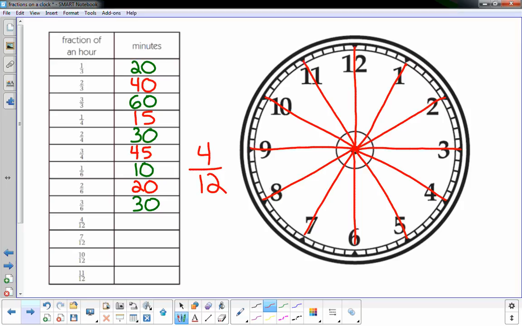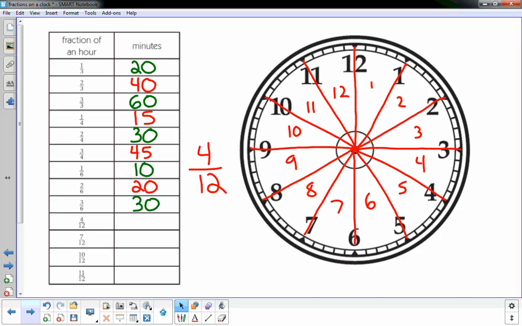Just going to quickly count them. 1, 2, 3, 4, 5, 6, 7, 8, 9, 10, 11, 12. Yep. Okay, so it works. There's 12 equal parts if I do that. And now I'm interested in 4 of the 12. That top number tells you how many you're going to shade in or look at.